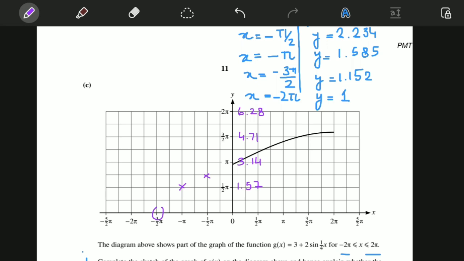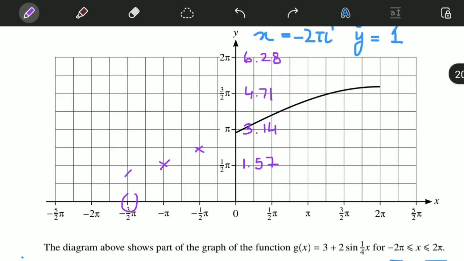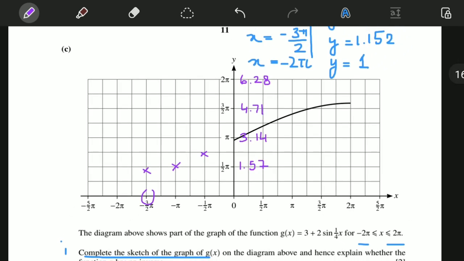So 1.15 would be somewhere below here. Then the next point is minus 2 pi, and at that it is equal to 1.